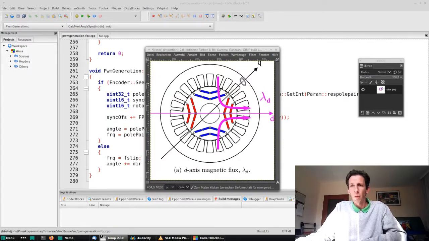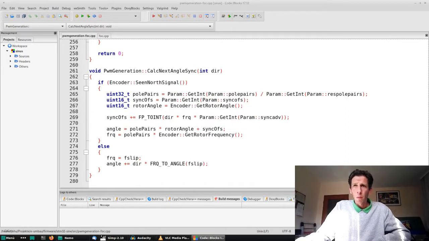It will maybe report 95 degrees or... anyway, there's going to be some offset between what the resolver reports and where the rotor is actually at. So that's a parameter that we have to tune to get this correct. Yes, then we get the supposed rotor angle.